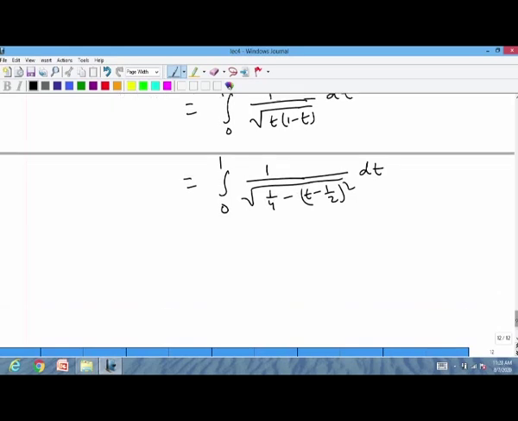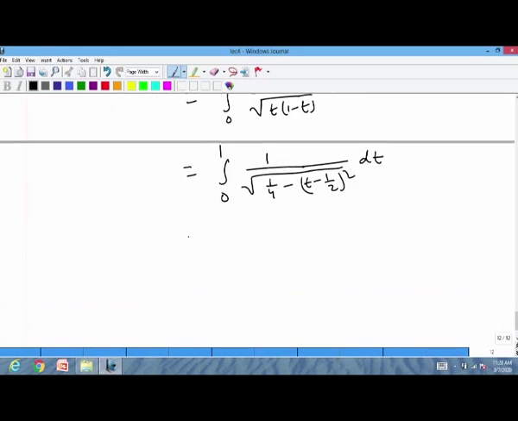Now, this we know is nothing but sine inverse of (t minus half) divided by half, evaluated between 0 and 1.